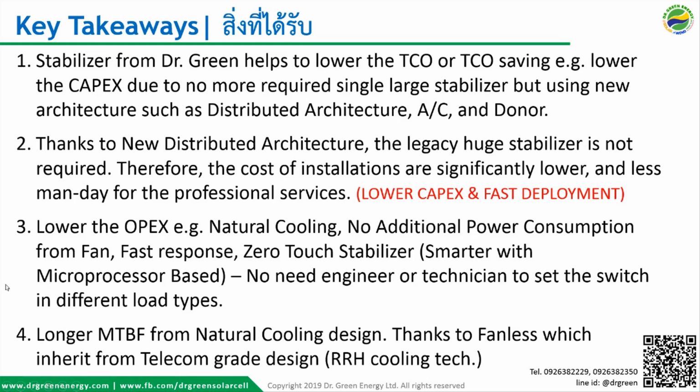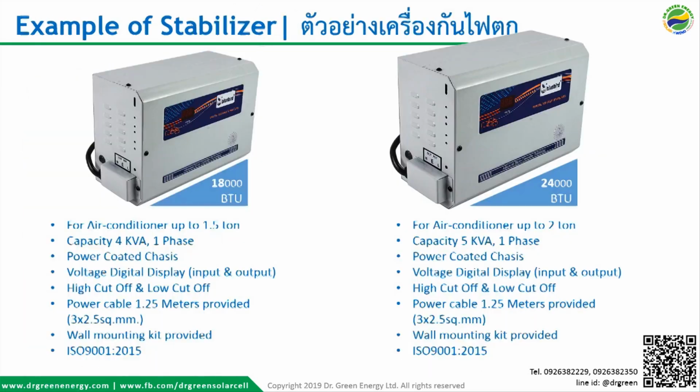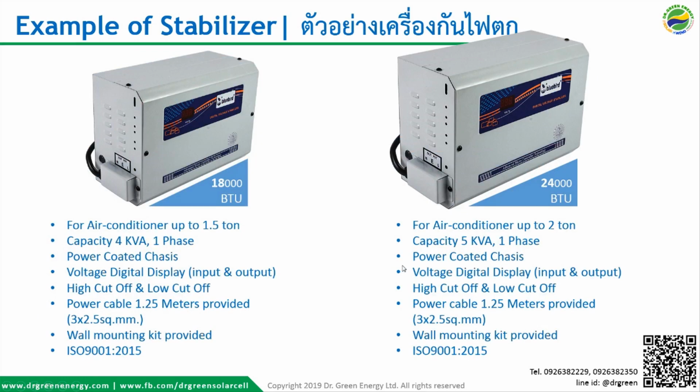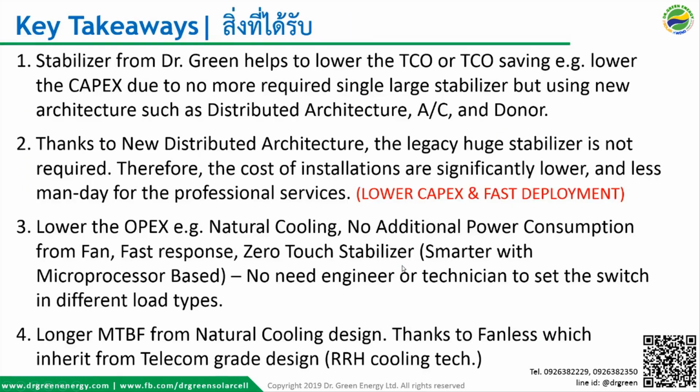And this will also help to lower the OPEX, because these stabilizers, all the models that we have introduced to you before, every model, they don't have a cooling fan. They use natural cooling.